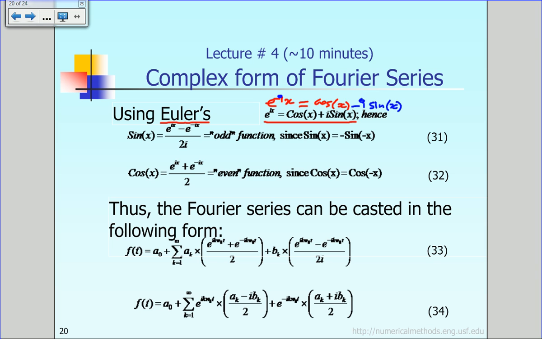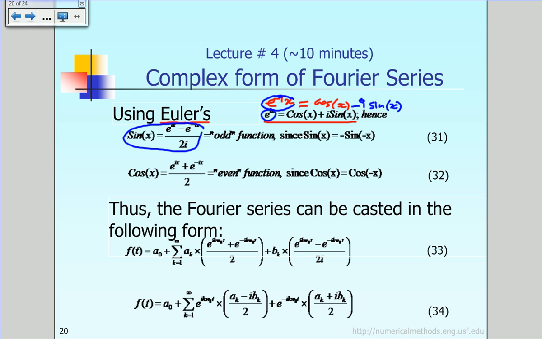Now, based on these two formulas that come from Euler formula, if you take e to the power ix, which is this one, and subtract e to the power minus ix, then what we get is equation 31. So equation 31 says sine of x is equal to e raised to the power ix subtract e raised to the power minus ix divided by 2i.